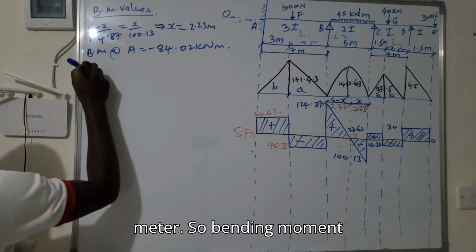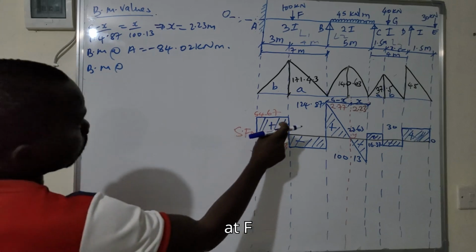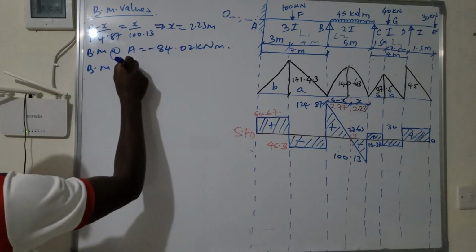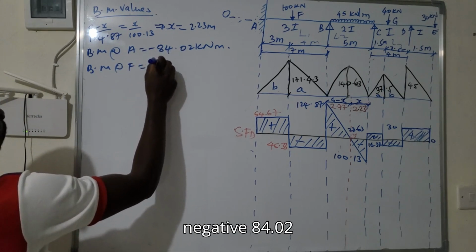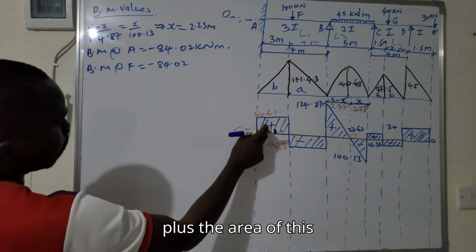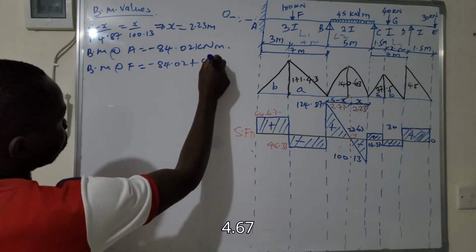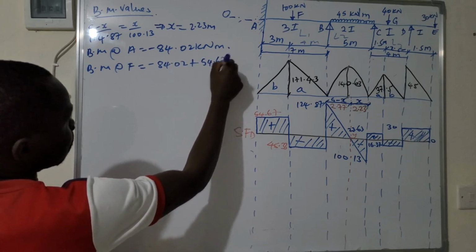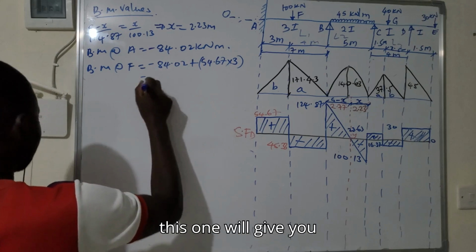So bending moment at F is equal to bending moment at A, which is negative 84.02, plus the area of this, 4.67 times 3.